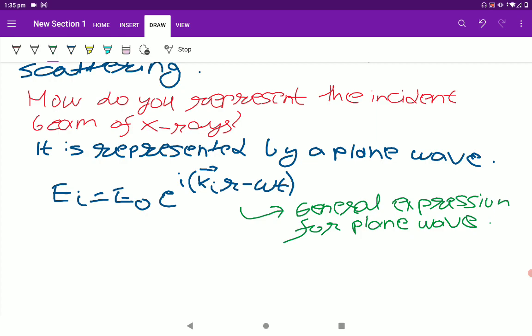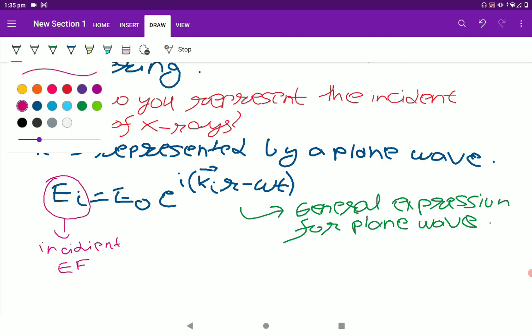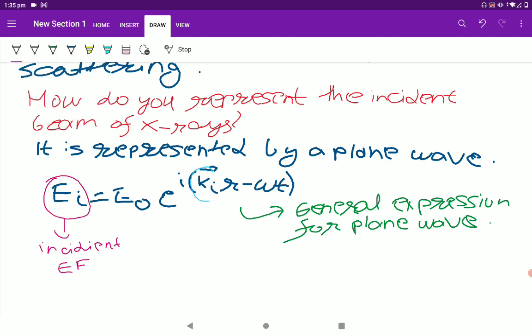Here E_i is the incident electromagnetic field, and k_i here is the incident wave vector, which is perpendicular to the plane wave fronts.